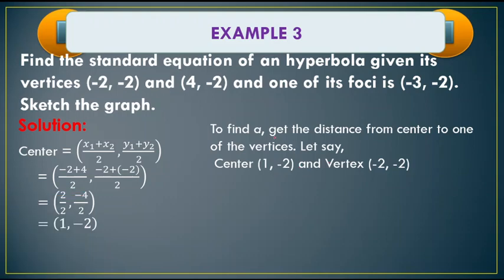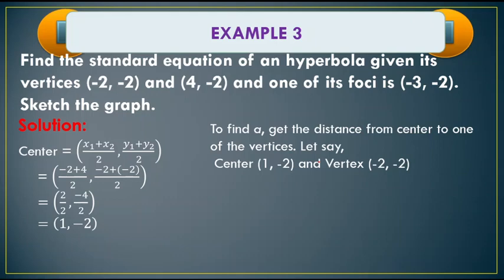Paano mo nakuha si A? Di ba sabi natin si A, yung distance mula sa center papunta sa vertex. Kahit sa alin sa dalawang vertices, walang problema.